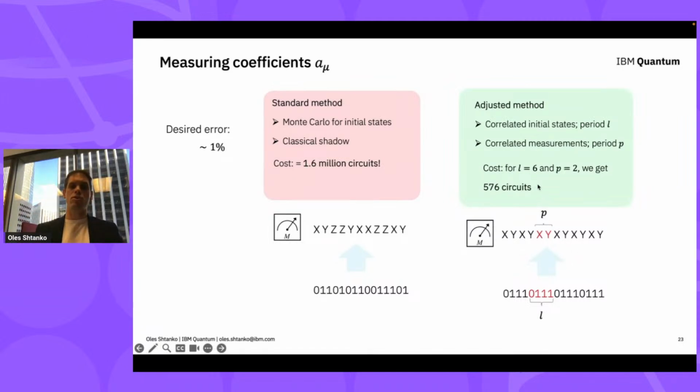And that allows us to reduce the number of circuits to 576. It allows us to obtain 1- and 2-qubit Pauli operators, as well as many 3- and 4-qubit Pauli operators, and not compromise on the error. And that's the trick which makes this experiment possible. I wanted to mention it because it's very important, and you can find more details in the paper.